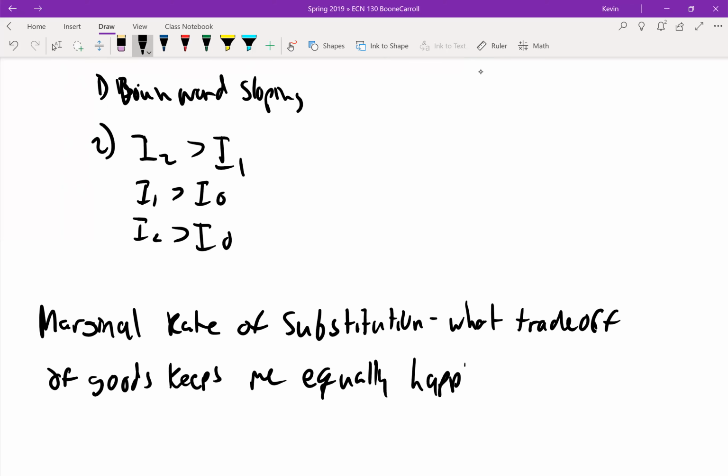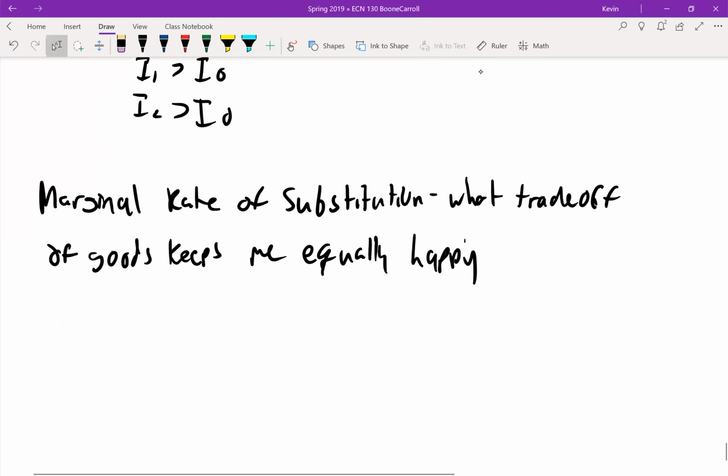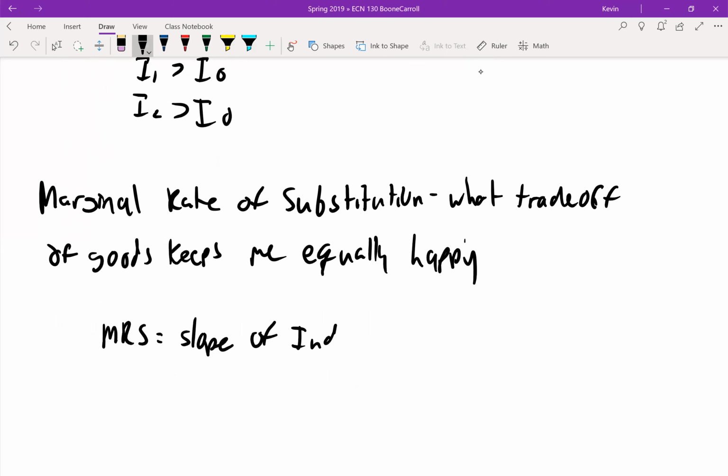Right, and with this, the big way to find this is we would say that our marginal rate of substitution will be equal to the slope of an indifference curve. Right, so if I can give up 6 fish in exchange for 1 mango and be equally happy, my marginal rate of substitution will be 6 fish for 1 mango at a certain point.